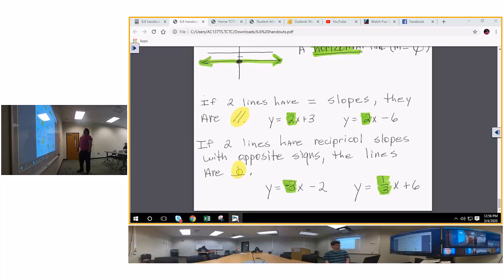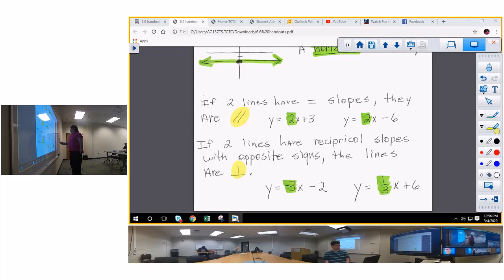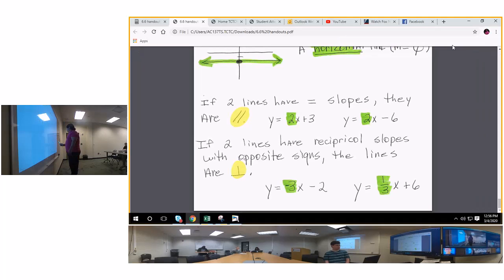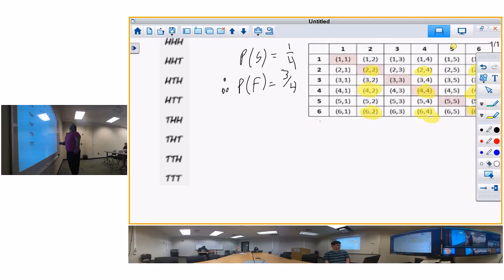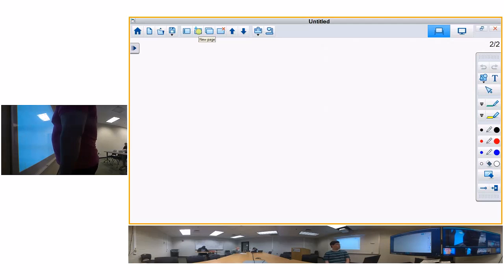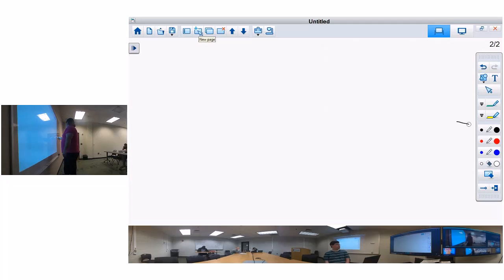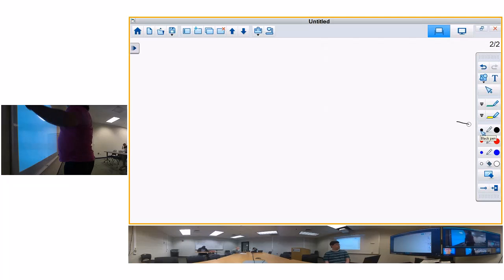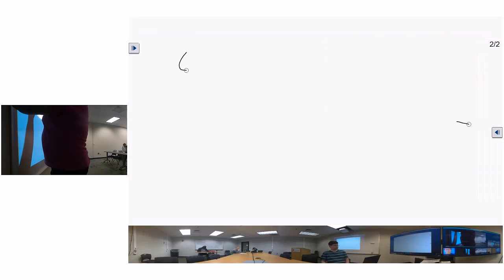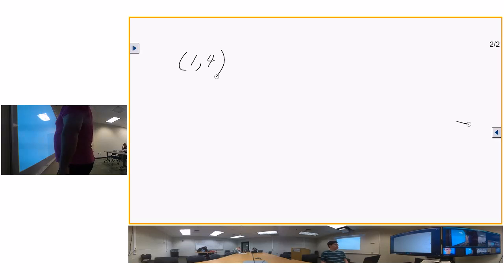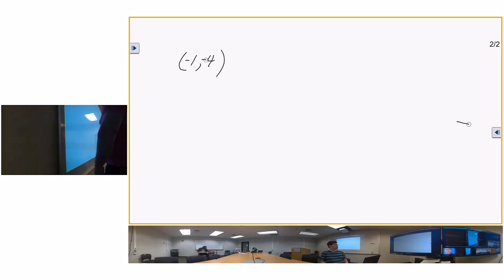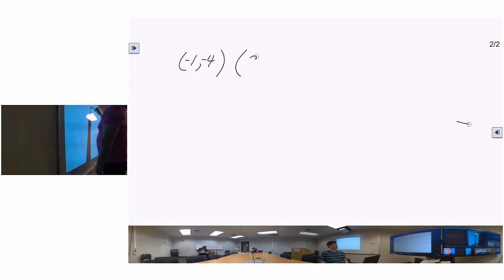All right, let's do one. Let's do a slope. Let's go with -1, -4, and 2, 2.